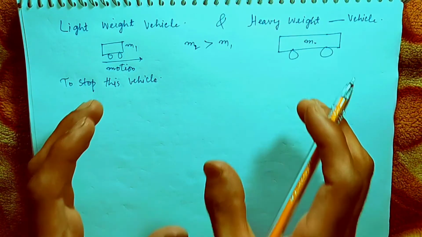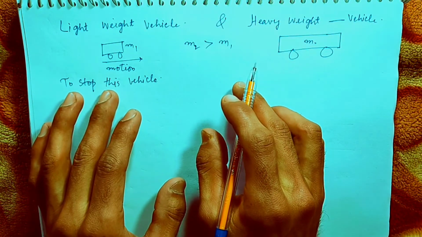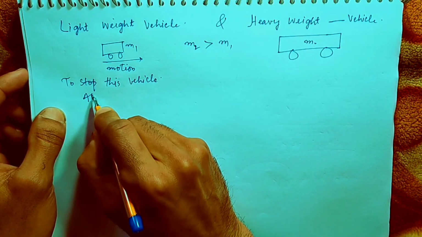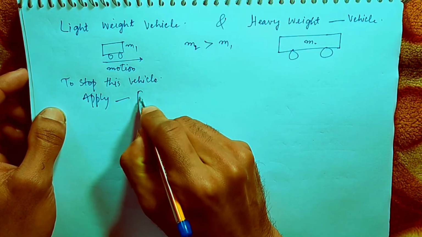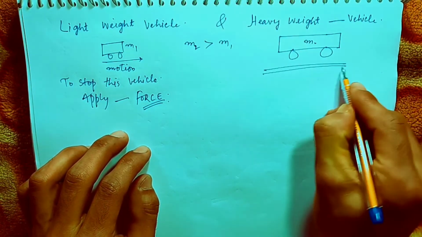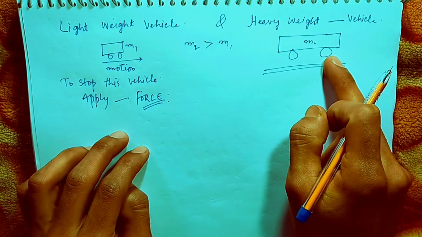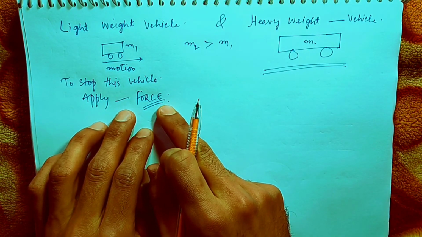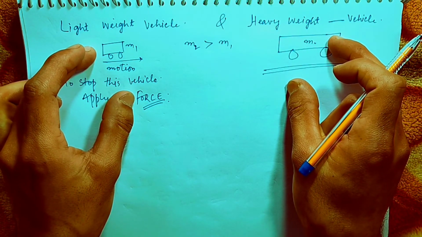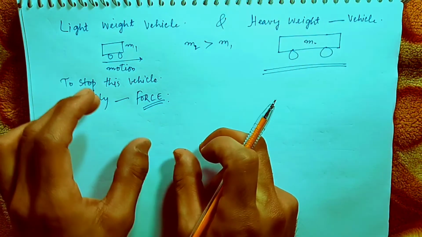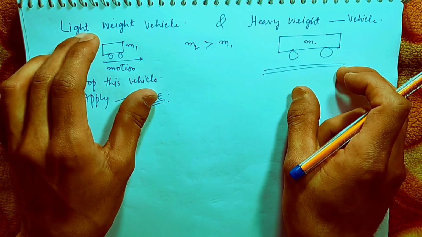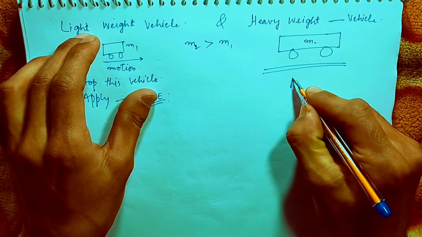It will try to remain in its motion, so if we want to stop it, we have to apply force. In both cases, the smaller mass and the bigger mass, we have to exert some force to stop the vehicle, but the force will be different. In this case, the force applied will be smaller, but in this case, we need more force.